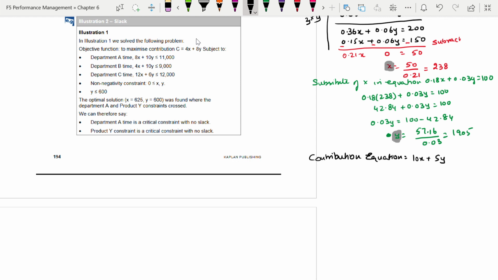That is 10 into 238 plus 5 into 1905. It comes to 11,905.